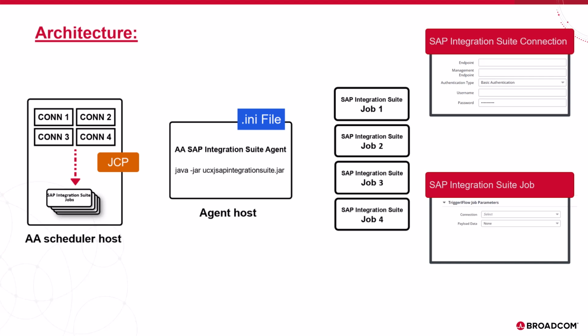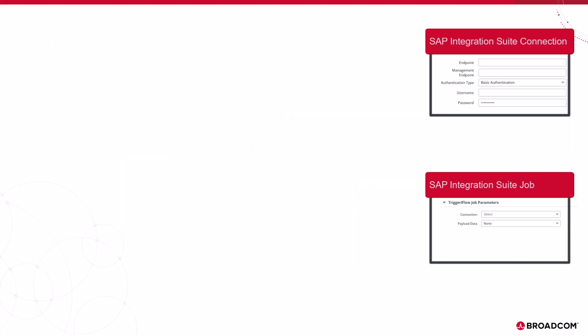When we execute the jobs in Automic Automation, it triggers the corresponding process in the SAP Integration Suite. We're able to retrieve the successive statuses and finally generate a job report. In Automic Automation, this job can be incorporated into workflows and integrated with other, non-cloud processes.